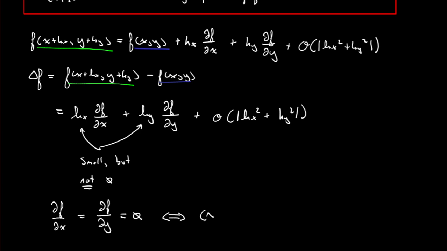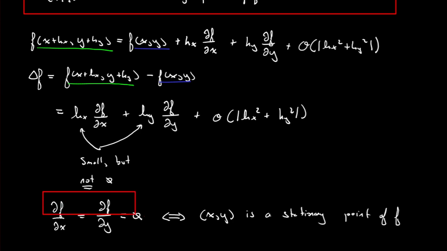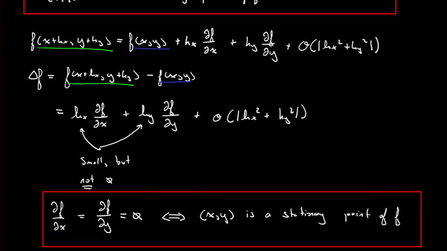So the point x, y is a stationary point of the function f. And this is worth boxing up because this is our careful definition of what we mean by a stationary point.